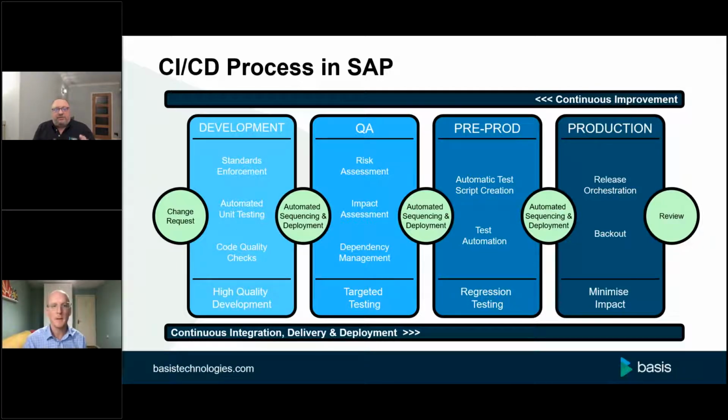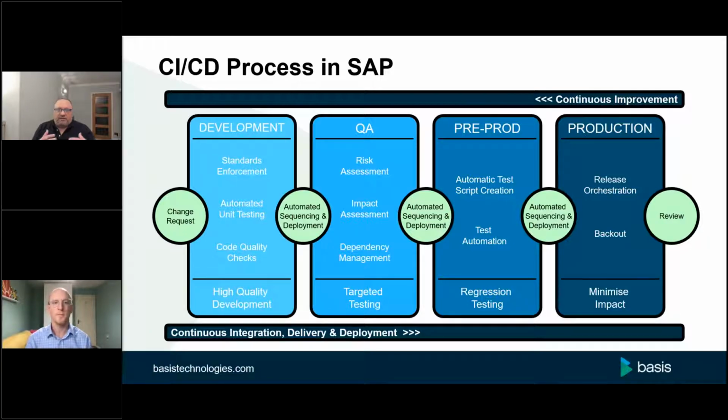Well, I think it's worth just starting off with this type of view, because I think this is a landscape setup that the vast majority of the people with us today will understand and have within their own organization. So, in an SAP landscape, we tend to start off with a development system, followed by a QA system, followed by pre-prod, and then finally moving into the production system.